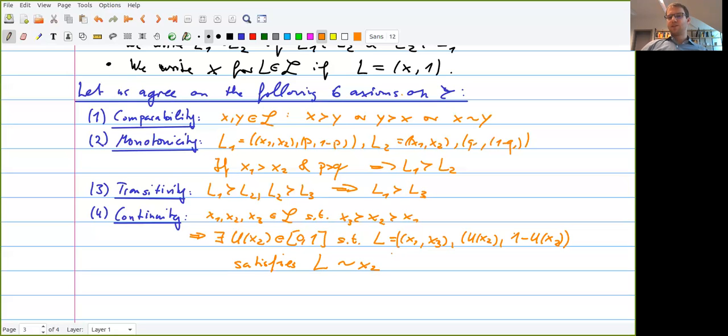So you can take both extreme payoffs, x1 and x3, and if you assign them the right probabilities, then you're indifferent to the middle one.